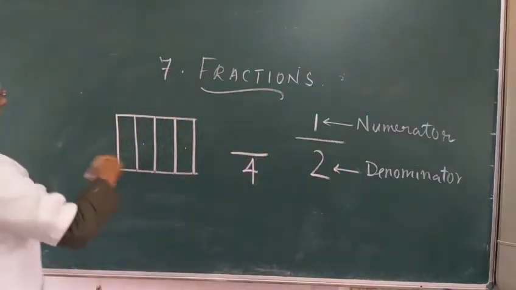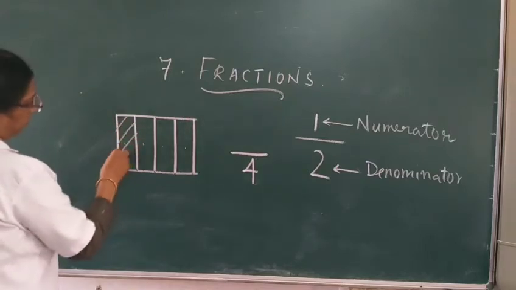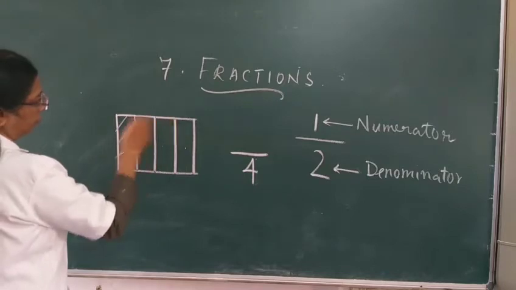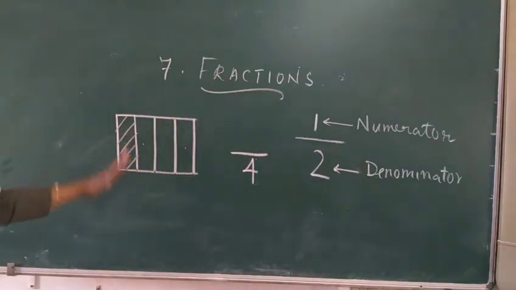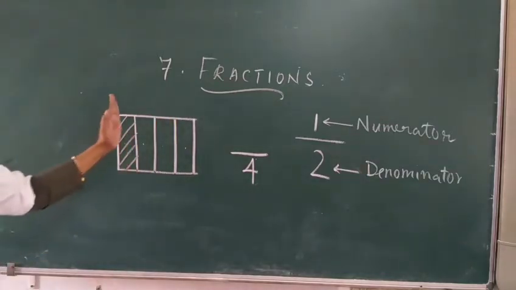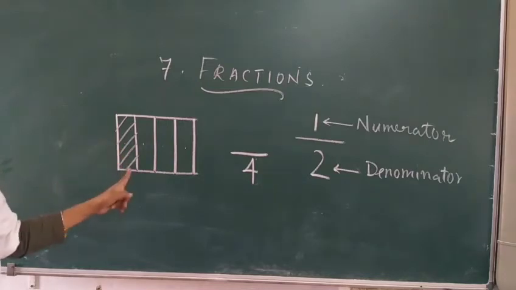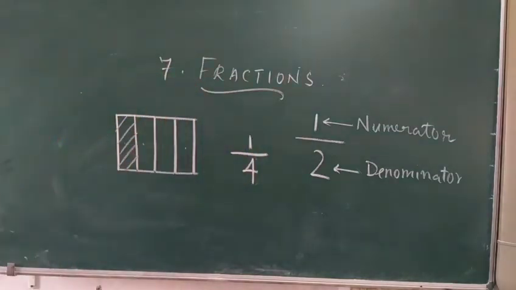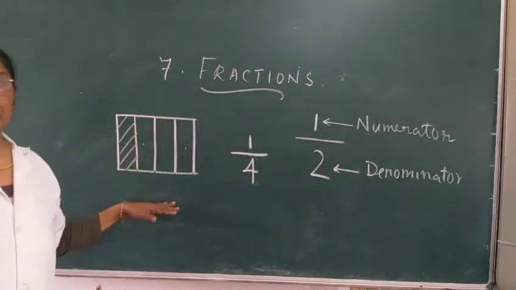Okay. Out of this 4, I am going to shade one part. That's enough. Out of this 4, I shaded one part. This represents the numerator. Understood?